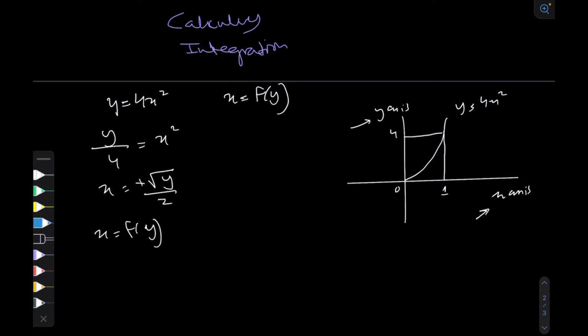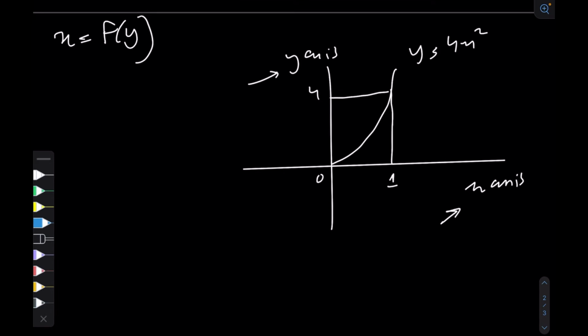Normally what we did previously was that we took some changes in x, dx, and the height at that point was y. And so we said that y multiplied by dx will give us the area of this rectangle, and summing up all the rectangles will give us this area. Now what I can do is take some change in y, so dy, and multiply that by the x value at that point, and I will get the area of this.